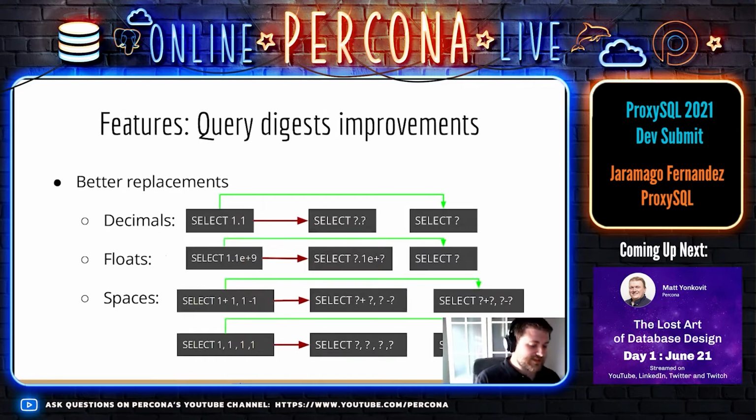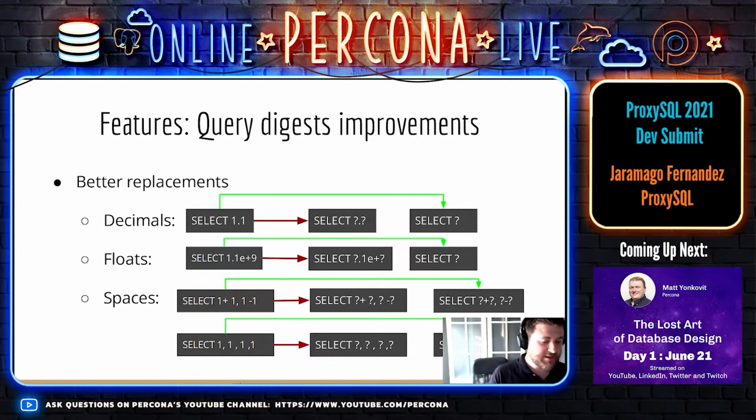Now we move from these security features to multiple digest improvements that we have been receiving since 2.1.0. The first one being better replacement for query digest. So now, with the aim to produce more homogeneous digests, you can see a number of different replacements that ProxySQL now performs over digests that before it didn't.